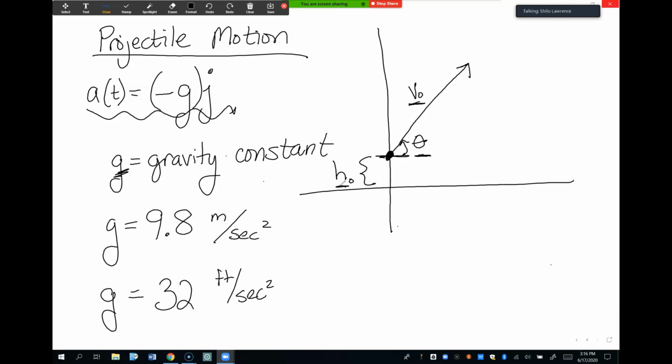It just takes a little bit of time. So on the next page, what we know as of right now is that any sort of projectile should have an acceleration function equal to negative g in the j direction, in our vertical direction.